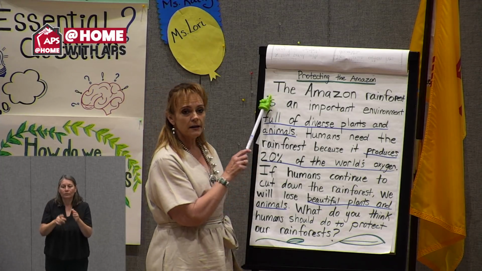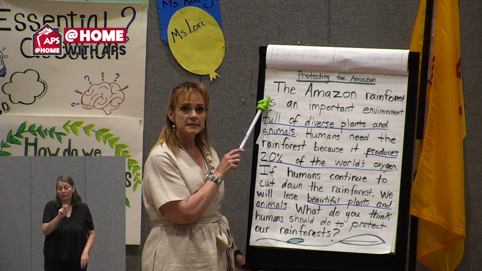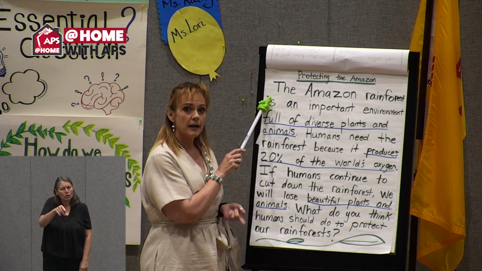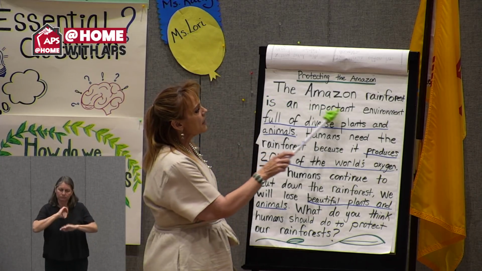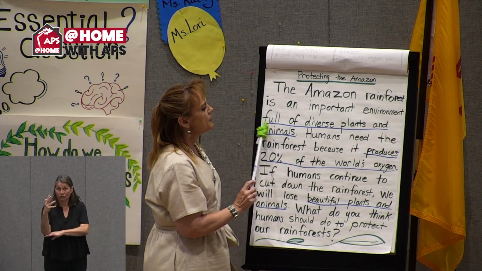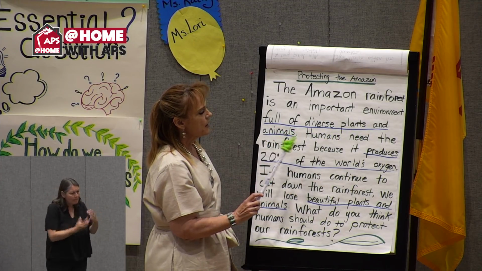So she started with a topic sentence, and we're going to talk all about topic sentences and how a paragraph is laid out in our next session. So: The Amazon rainforest is an important environment full of diverse plants and animals.